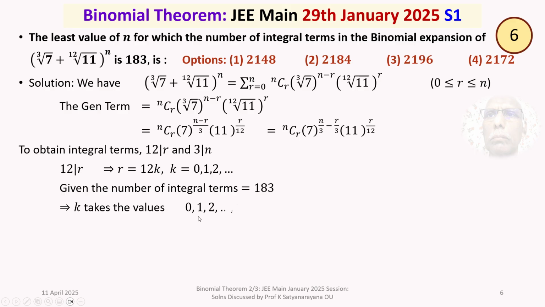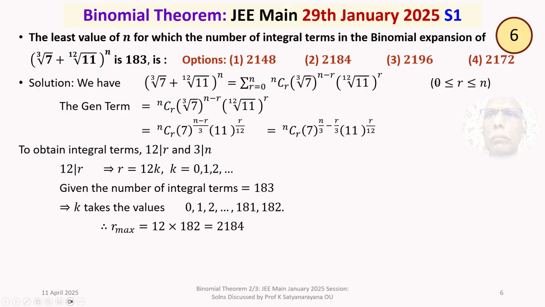And what will be the maximum value? The maximum value will occur when k is equal to 182. So r max, the maximum value of r, is 12k when k is 182. That is 12 into 182, which is 2184.